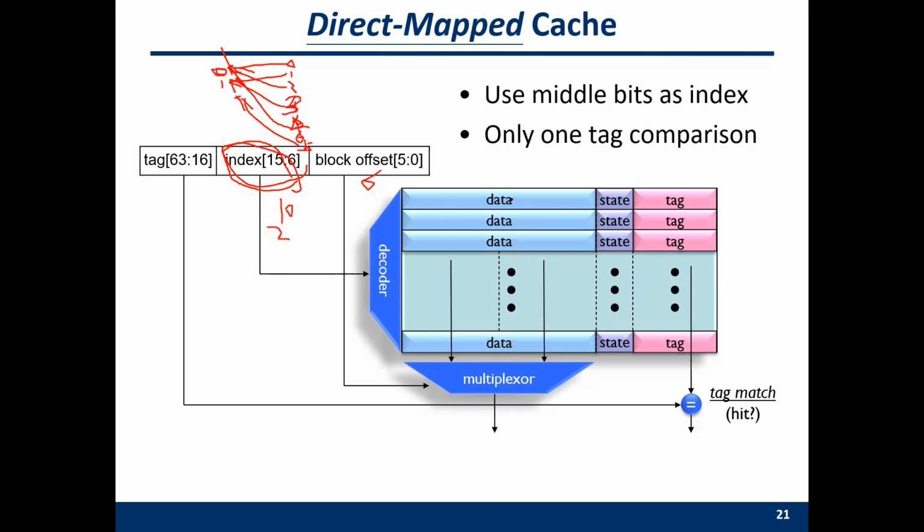So if we have 1K entries, then the address needs to be mod 1K. And we still have the tag. Why do we have a tag? Because 0 and 2, these two lines, can be stored in the same location. In order to distinguish whether it's 0 or 2, we still have this tag to do the comparison.